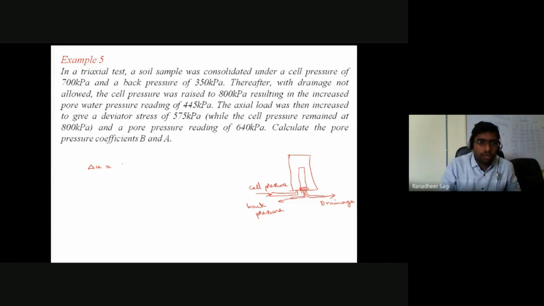Which is nothing but delta U equals B into delta sigma C, that is the change in confining pressure, plus A into delta sigma 1 minus delta sigma 3.